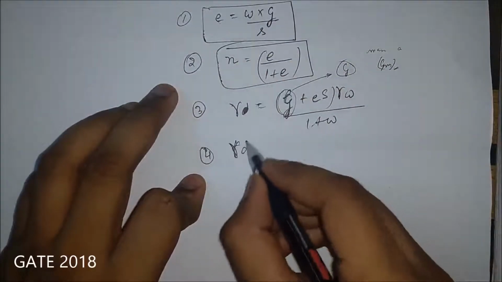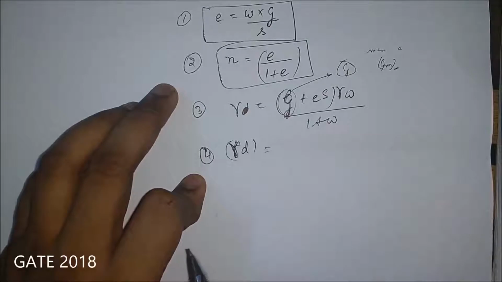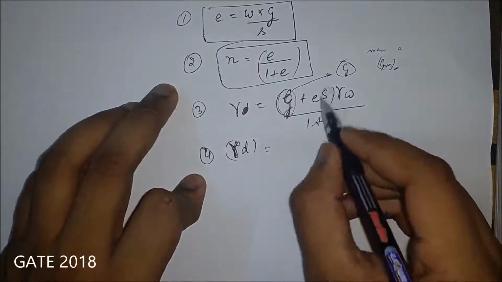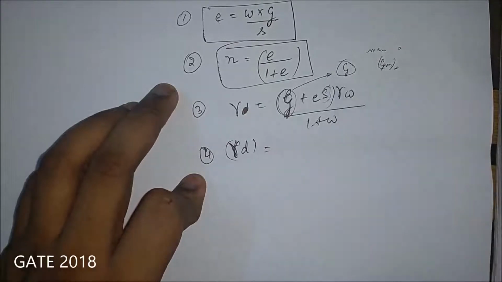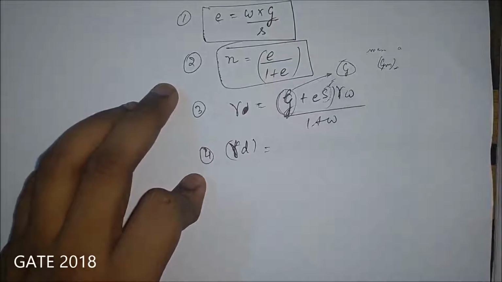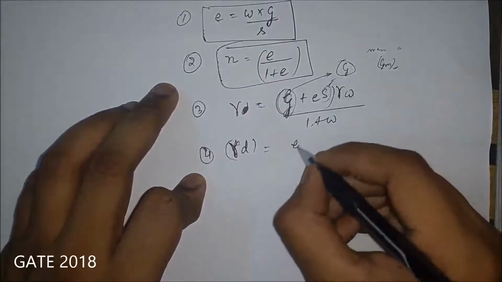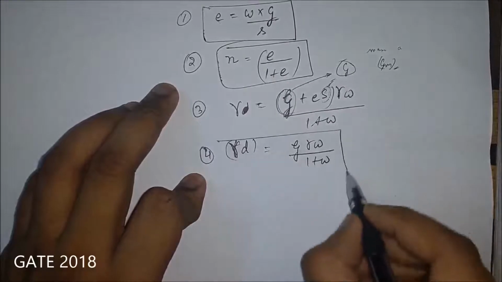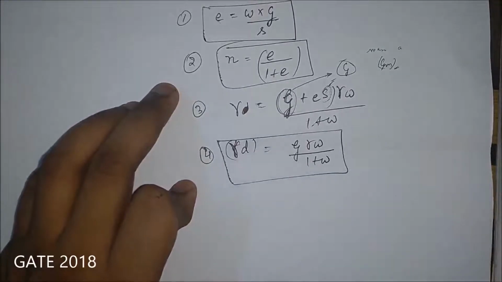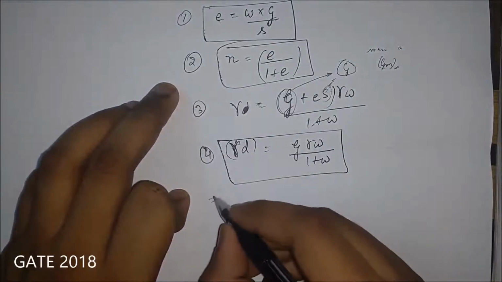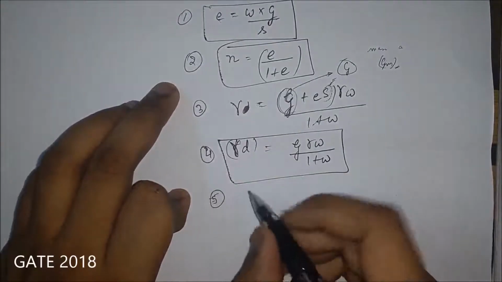If we want gamma d, that means the soil is in dry state, the degree of saturation will be 0. Water content won't be 0. So, G into gamma w by (1 plus e). This will be the dry form of unit weight.